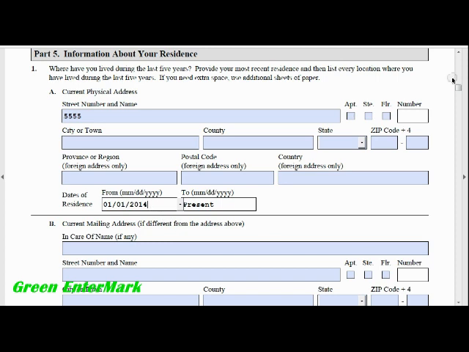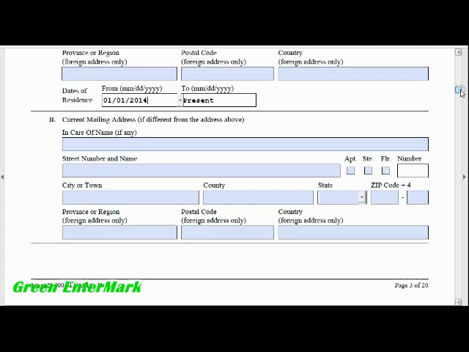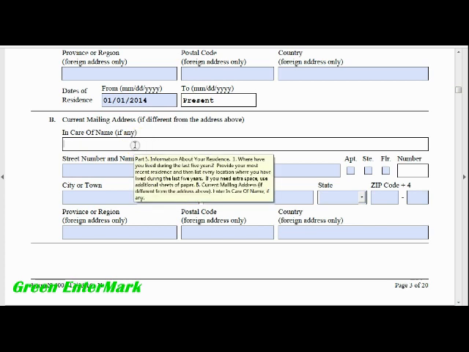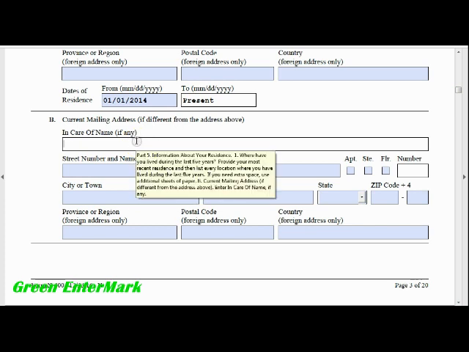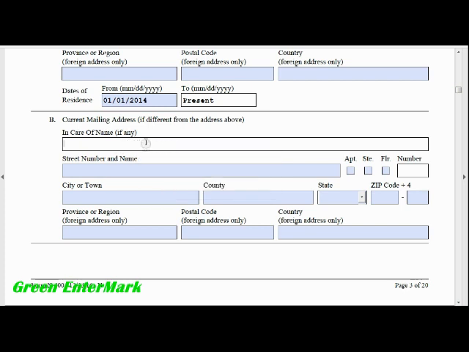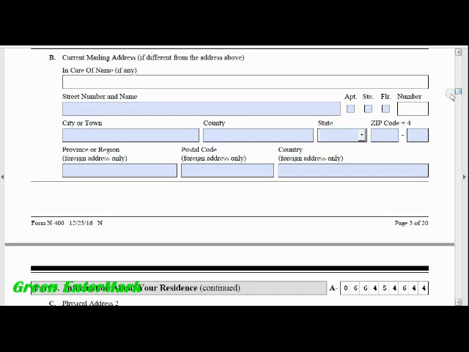Then the previous one, in care of name, current mailing address. Oh, sorry, it's the mailing address also in B, with the street name and apartment or floor or suite, city, town, county. This is the same, just because it's a previous address.